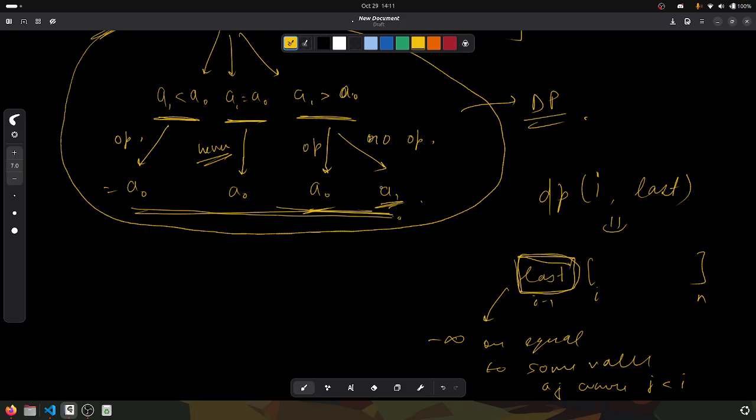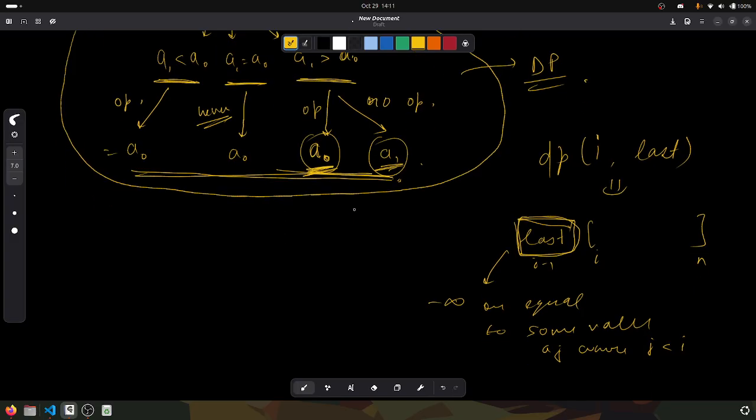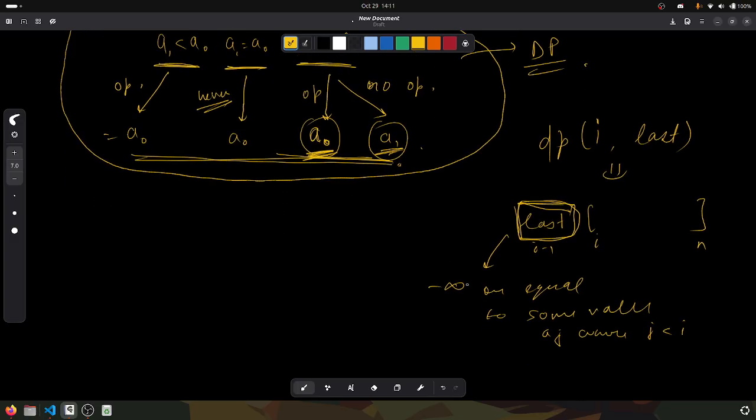Because either we are only copying the last value, right? If we are changing ai, then we are making it a0 or we are leaving it as a1. So the only possible values that can be on the last are minus infinity or some value aj where j is less than i.